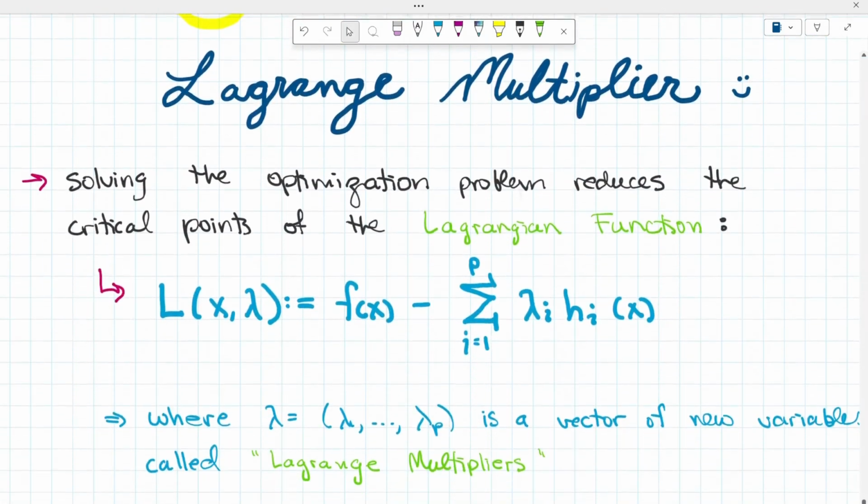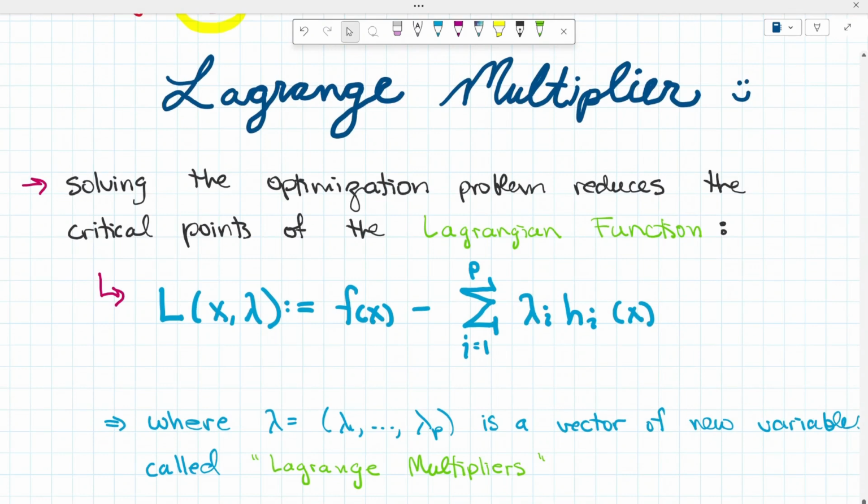Now we're going to go into our Lagrange multiplier. So this is really the basis of our theorem. So Lagrange multipliers, we use this, like I said, when we have constrained optimization problems. However, we also can use this when we have non-linear problems that we are trying to optimize.